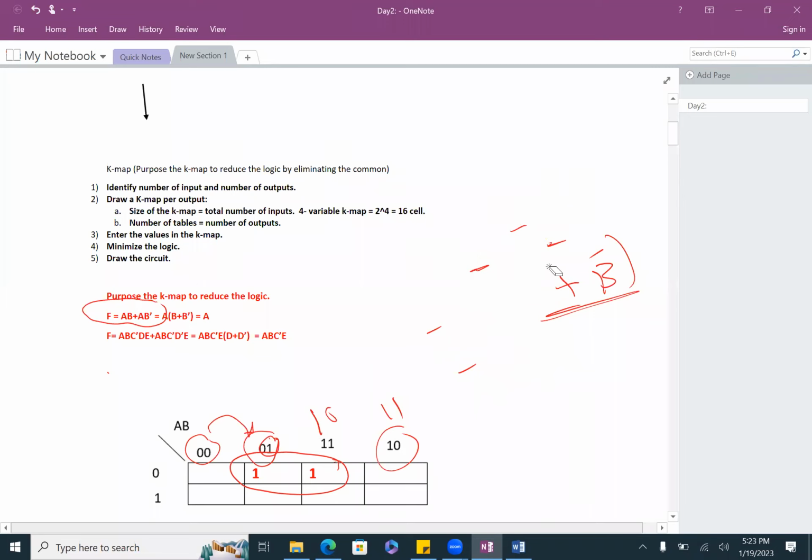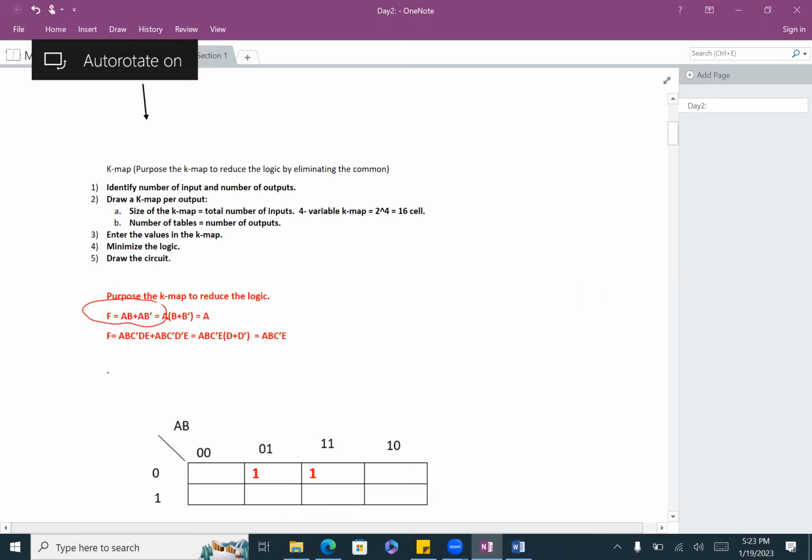So now let's take another example. Let's delete that. We have another example to reduce, which is really simple. I'm not going to write it because it's really simple. So what is the common here?